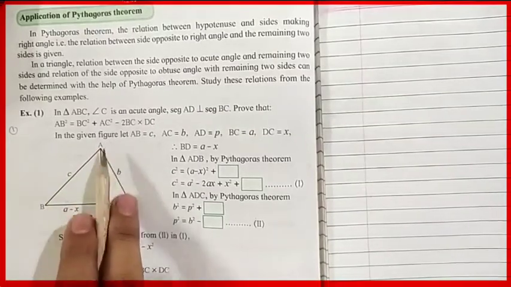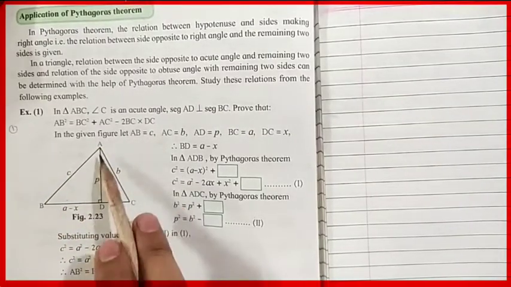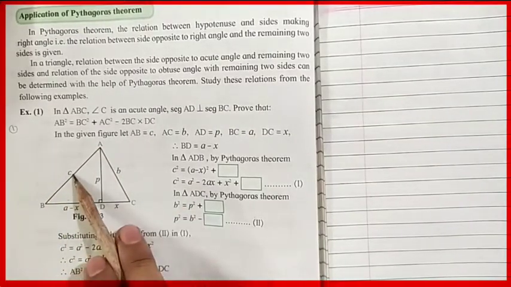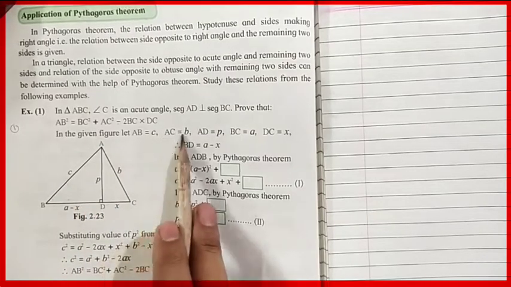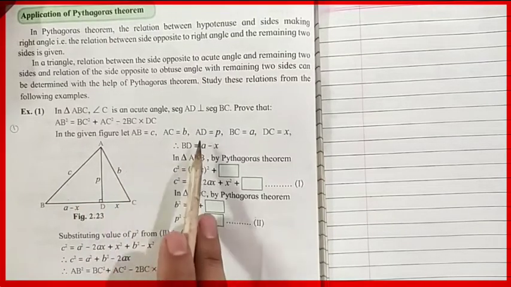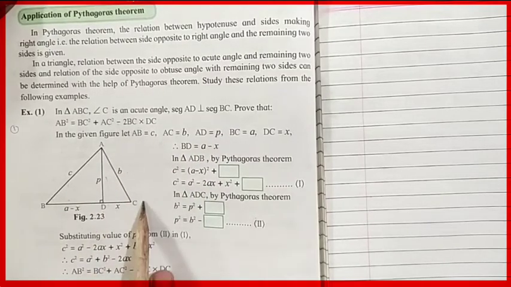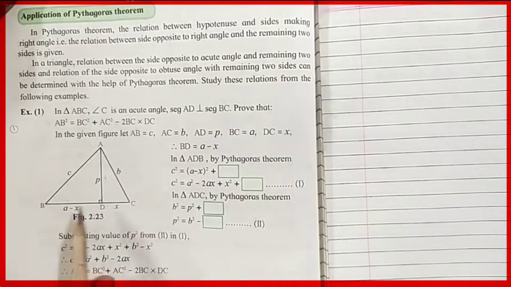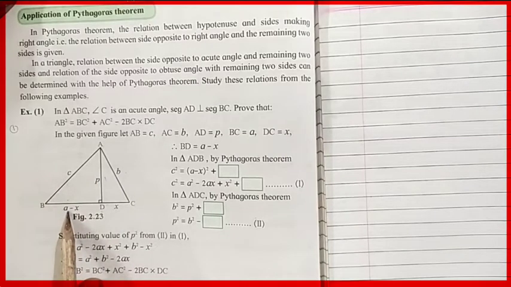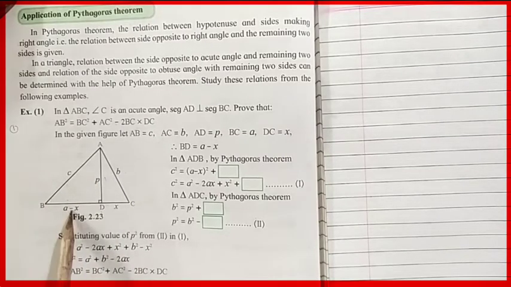In the given figure, let the measure of AB be c, the measure of AC is b, the measure of AD is p, the measure of DC is x, and the measure of BD is a minus x. Why a minus x?